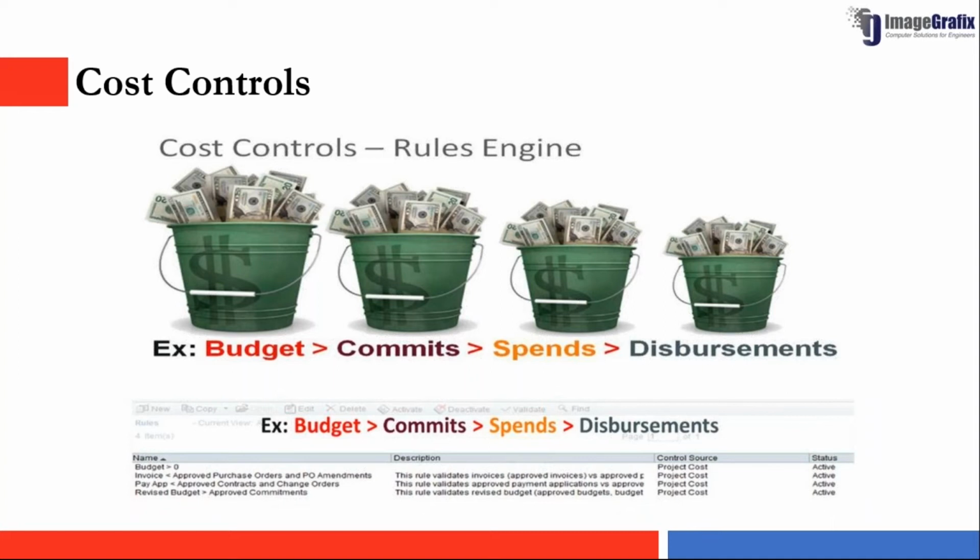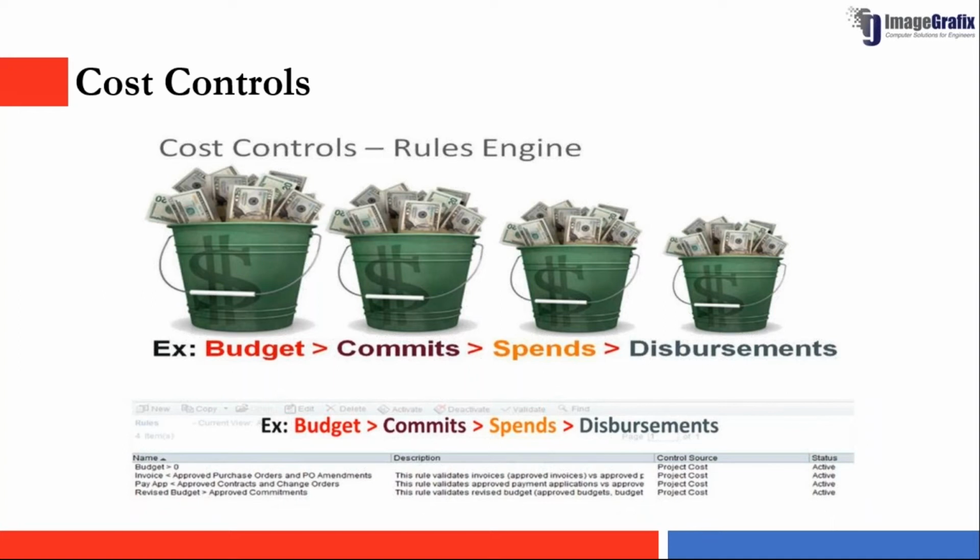We have a budget. Commitment is nothing but your POs and contracts that you will be issuing throughout the project. Spends are your invoices, and disbursement means your payments, what you made against these invoices.